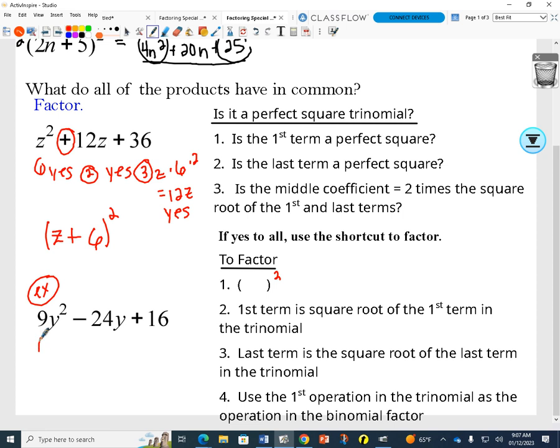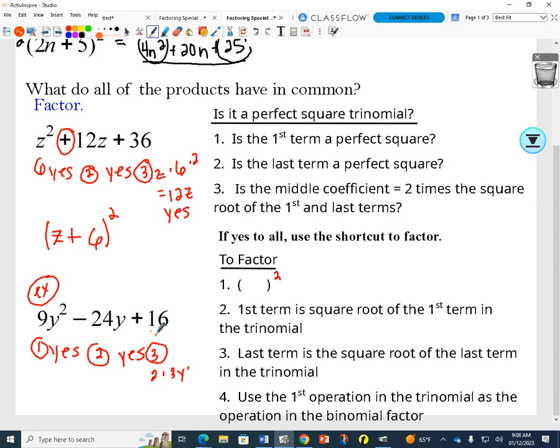Now, is the last term a perfect square? Tyler says yes. Tyler's right, because 4 times 4 gives me 16. And the third is a little bit trickier. Is the middle coefficient equal to 2 times the square root of the first, the square root of 9y squared is 3y, times the square root of the last, 4?